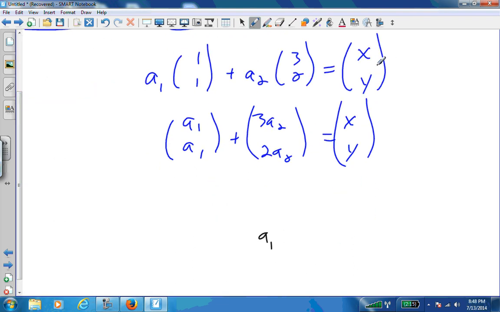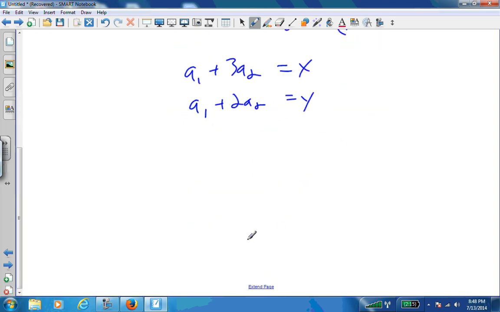This is just an arbitrary vector in R2. So A1 plus 3A2 would be x. A1 plus 2A2 would equal y. So let's write this as an augmented matrix.